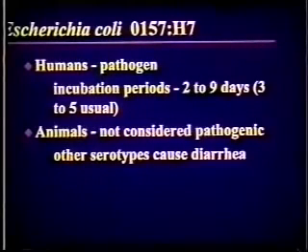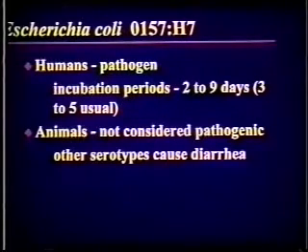E. coli infections, or Escherichia coli infections, are those that are caused in humans primarily by a subspecies, the O157:H7. This has gained a considerable amount of interest in recent years because of an outbreak of this disease in humans associated with a fast food restaurant in the western United States.